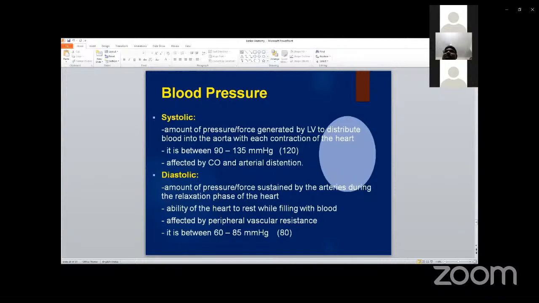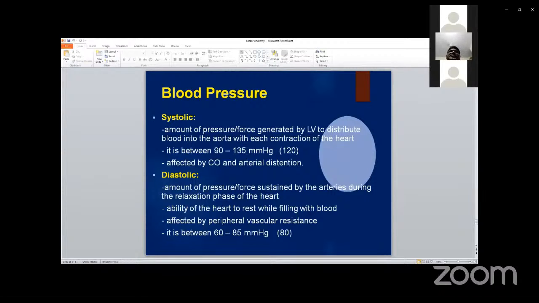The ability of the heart to rest while filling with blood, affected by peripheral vascular resistance. The diastolic blood pressure may be between 60 to 85 mmHg.